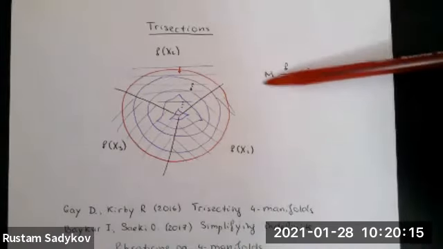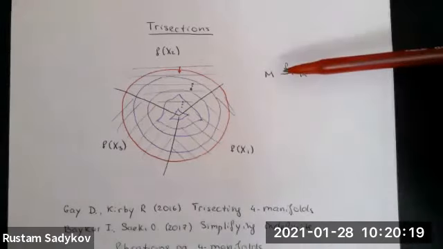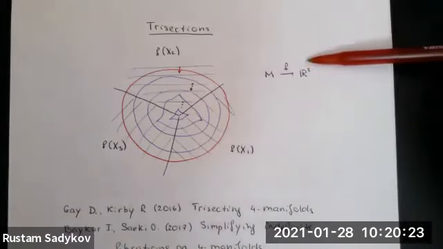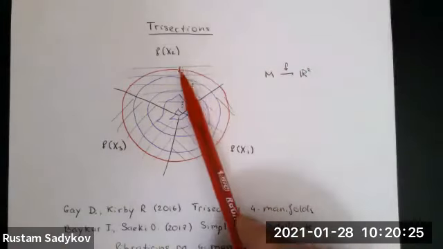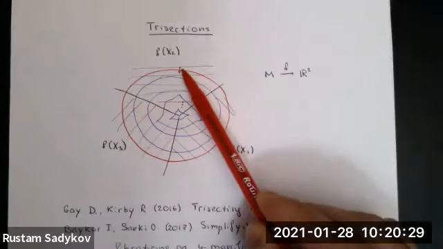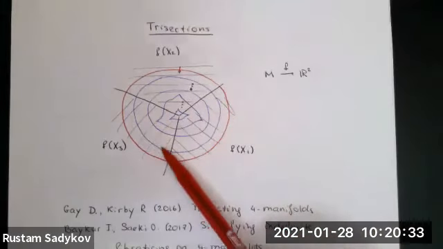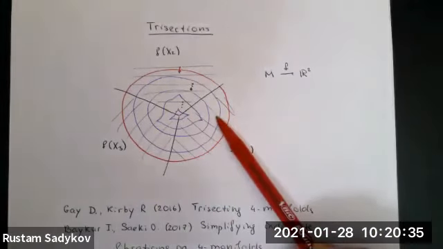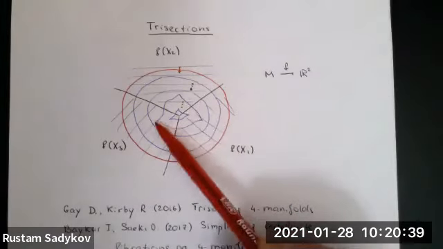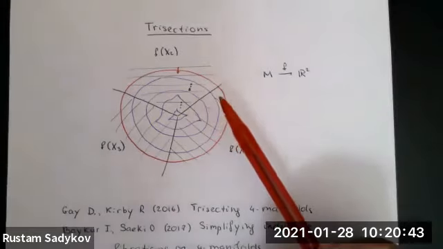So you take a four-dimensional manifold, you map it to R2, and then using singularity theory, such a map can be simplified in such a way that it has one component of singular points of index 0. The blue components are singular curves of index 1, and these cusps are so-called birth singularities. And that's it.